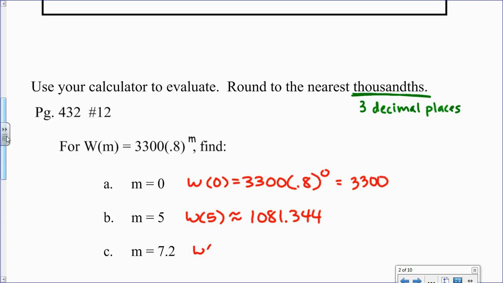And now 7.2. This was, I got 661.853. You guys able to get those values?